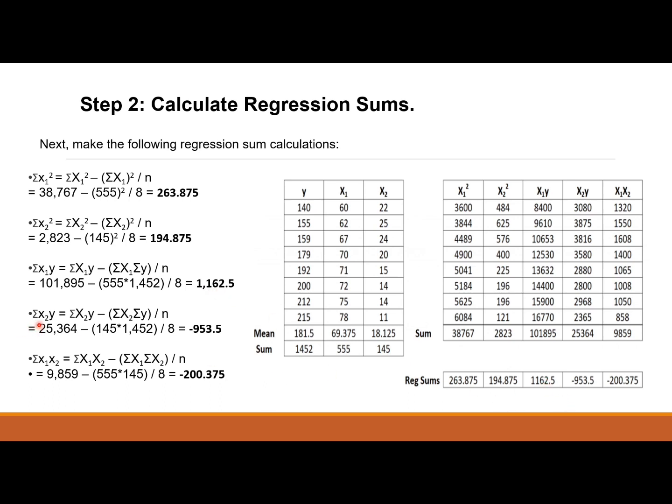For the summation of x2 times y, we get the regression sum of negative 953.5. And the last is the summation of x1 times x2. We get the regression sum of negative 200.375.